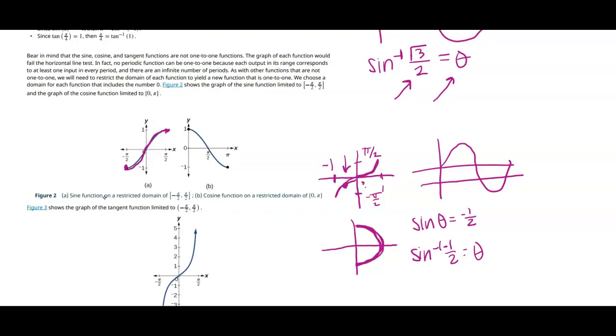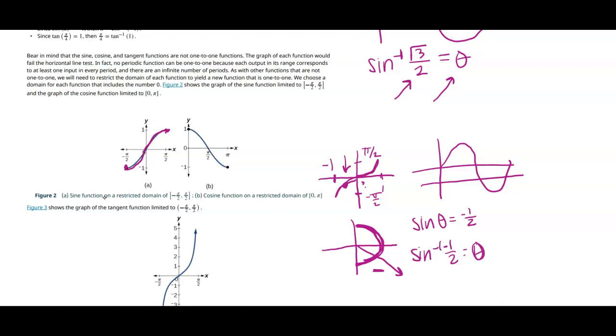Or you could also use the unit circle and know that sine is negative down here. And so, like, what angle gives you that sine output? So a couple different ways you can think about it in order to figure out what that theta value would be.